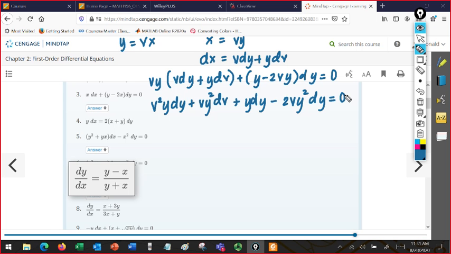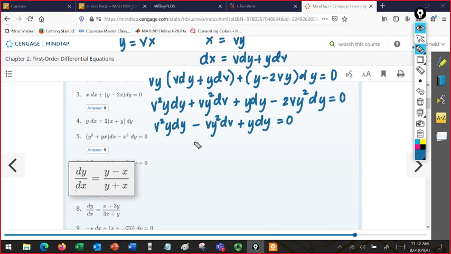What are the like terms? There are only two like terms, which are vy squared dv and minus 2vy squared dy. Ito na yung equation. So, 1 minus 2, so minus vy squared dv plus y dy.